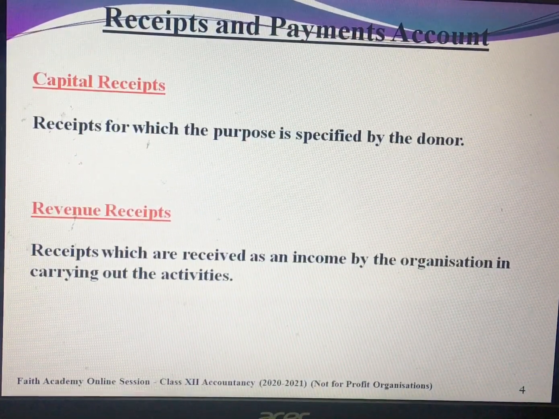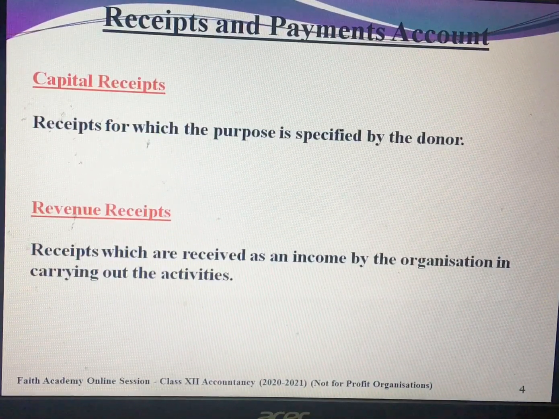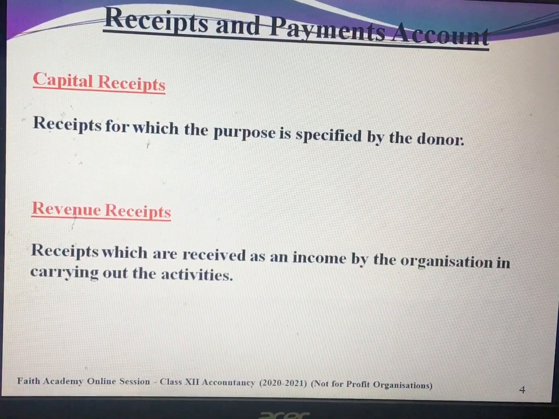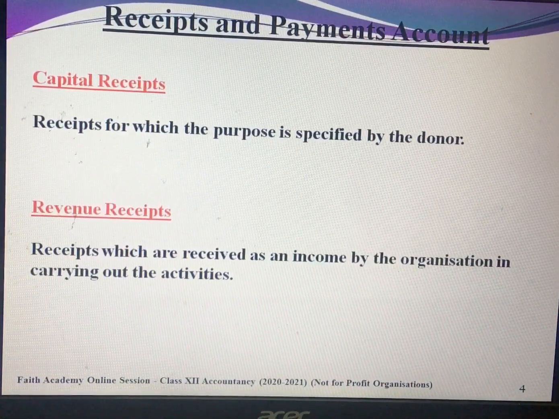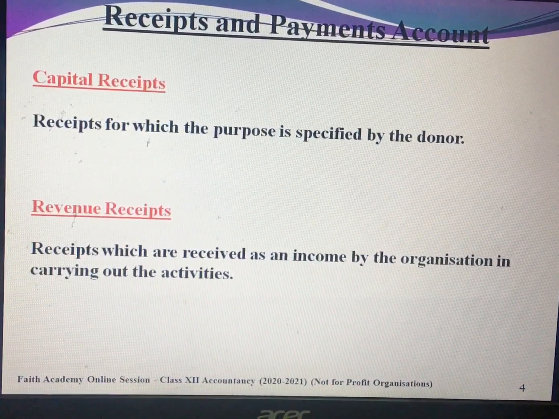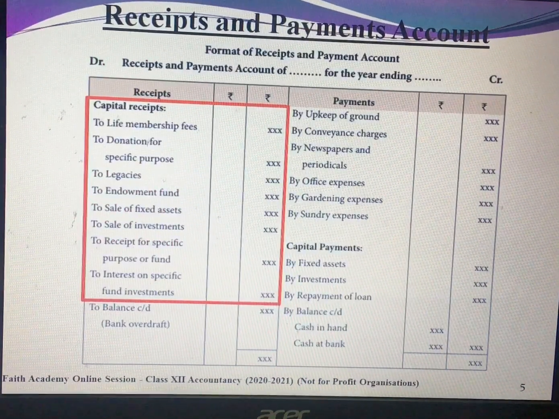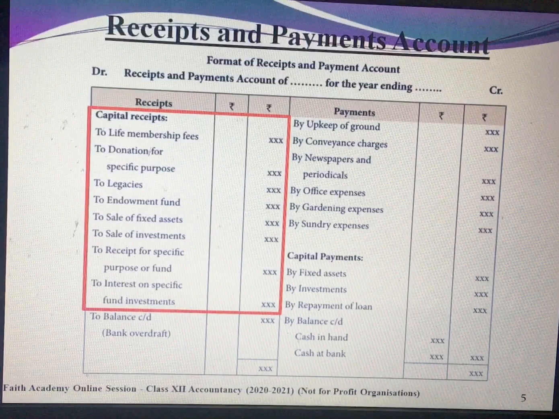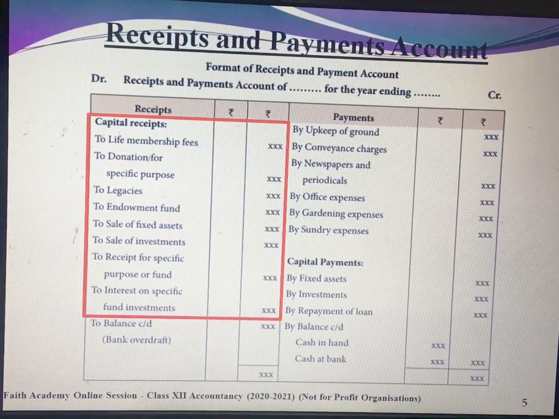Capital receipts and revenue receipts. In the previous slide we talked about the revenue receipts. Now in the next slide we'll talk about the capital receipts for a not-for-profit organization. Life membership fees, donation for a specific purpose, we did talk about it.